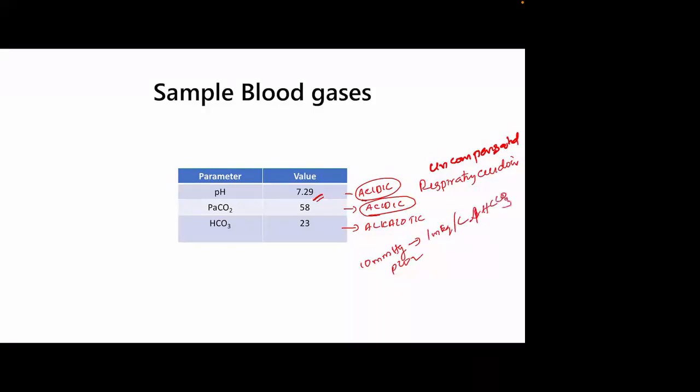So here, if we keep 45 as the normal, there is an increase by 13. So the bicarbonate should increase by 1.3. So it is increasing from 22 to 23. Okay, but it is not fully compensated.